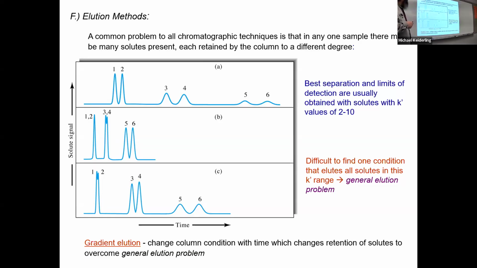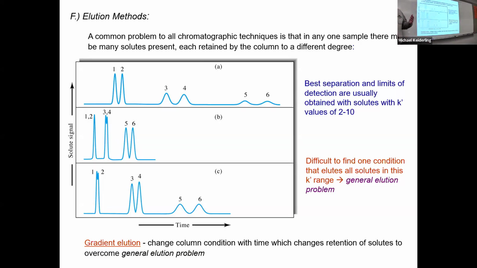For example, if you optimize for 1 and 2 here, 3 and 4 are okay, but 5 and 6 have spread out too much and are hard to see. If you optimize for 5 and 6, 1 and 2 and 3 and 4 are glommed together. And here, for 3 and 4, 1 and 2 are glommed together, and 5 and 6 are starting to spread out and are hard to see.